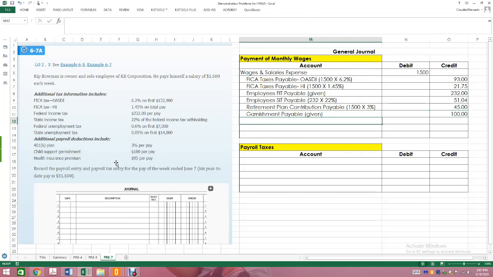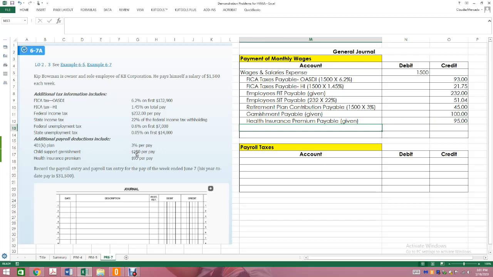Okay? This person also is paying for health insurance, and that's $95 a pay period. Okay? So we have health insurance premium payable, and that is given at $95 right here, $95.